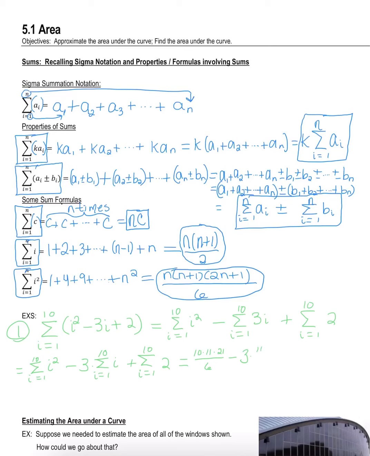So that's 10 times 11 over 2. And the last term is the first sum formula up above, the sum of a constant, which is just n times that constant. So in this case, 10 times 2. I'm going to save us the arithmetic, and this all comes out to equal 240.